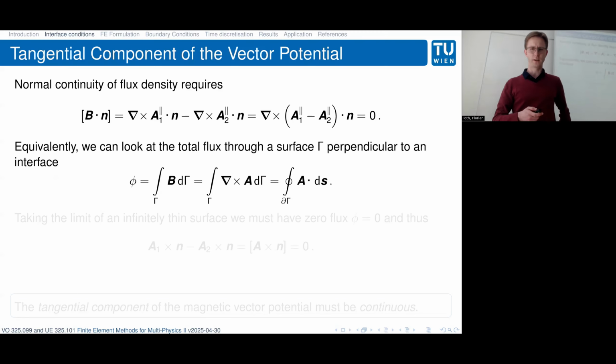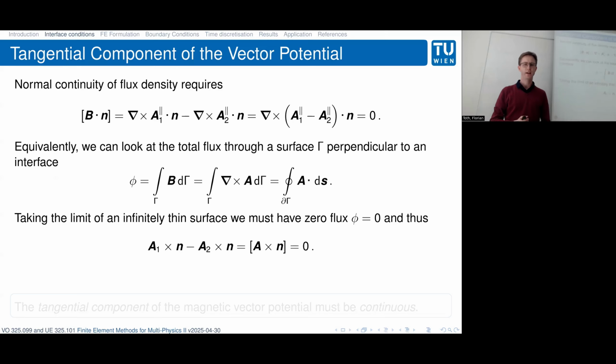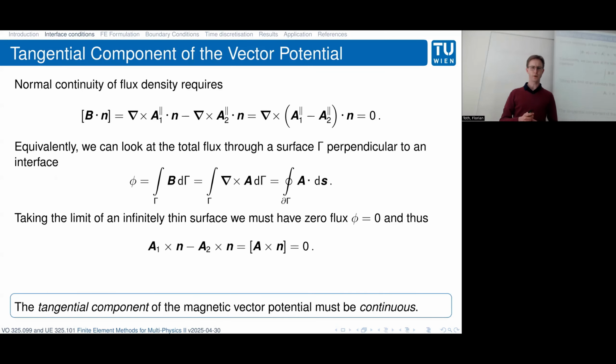It's related to the line integral over the boundary of this surface, and this line integral is given by the two lines that do not tend to zero when you make this interface infinitely thin, and these lines are given by the tangential components of A. So to sum up, the tangential component of the magnetic vector potential must be continuous in order to satisfy the physically required interface condition on the normal component of the magnetic flux density.